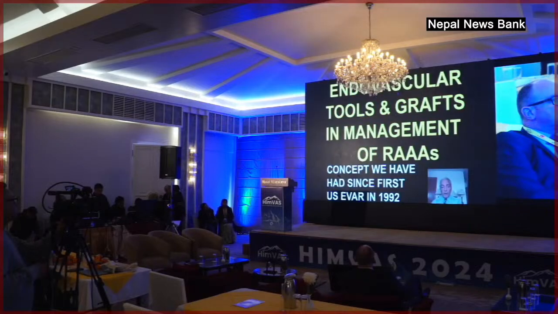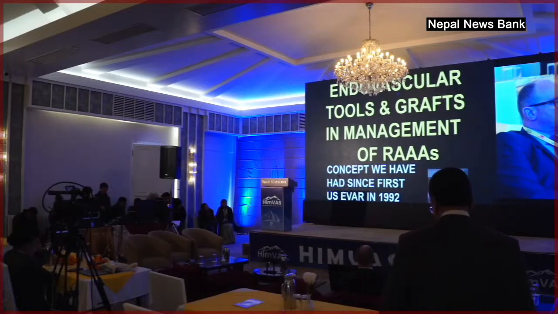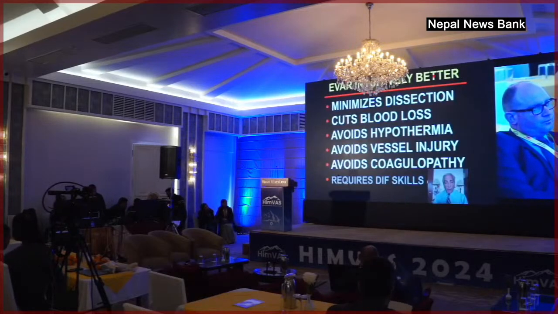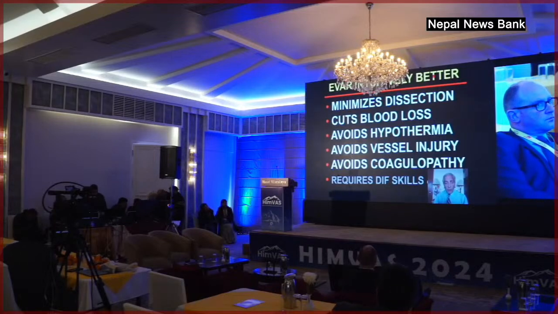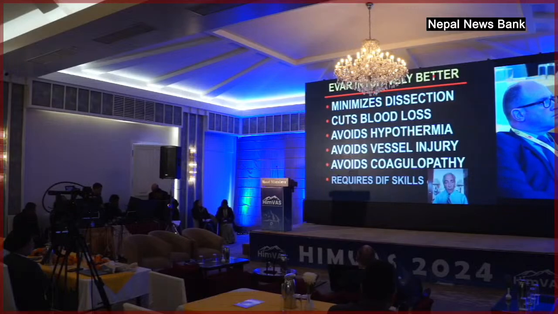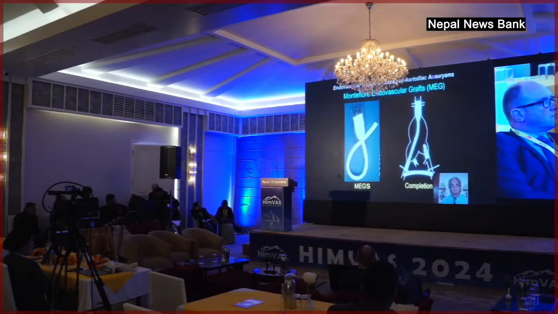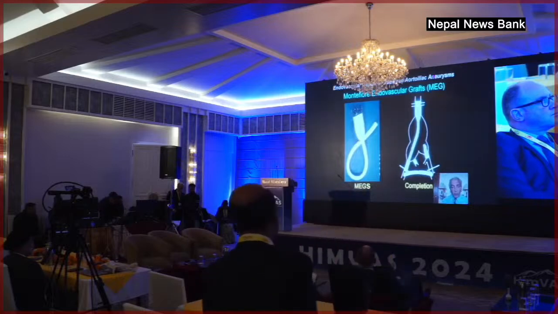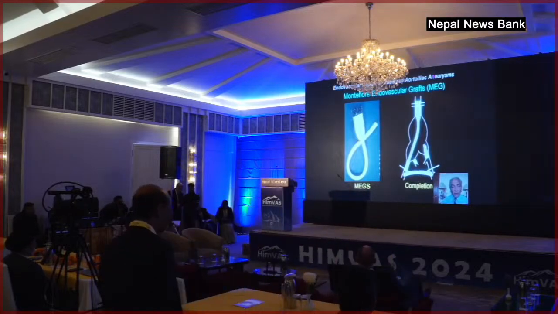The use of endovascular tools and grafts in the management of ruptured AAAs is a concept we have had since we did our first EVAR back in 1992. That's because EVAR is intuitively better because it minimizes dissection, decreases blood loss, hypothermia, vessel injury, and coagulopathy. Fortunately, in the early days, we had available our own surgeon-made graft, which could be used in this configuration.